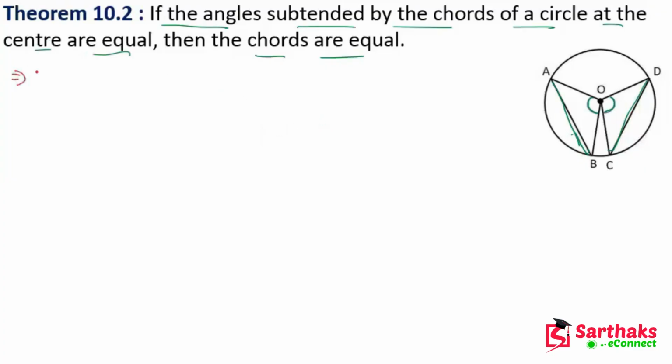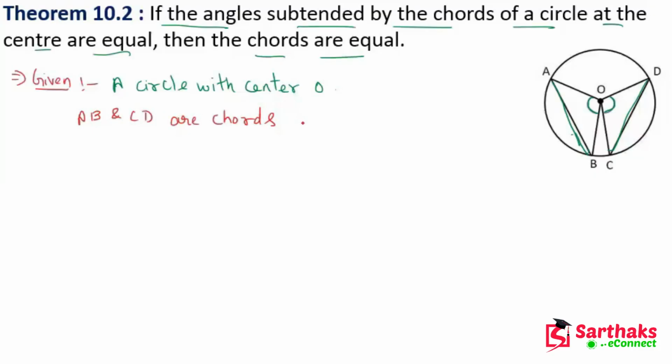First of all we have to write the given part. We have a circle with center O, and AB and CD are chords that subtend equal angles, meaning they form equal angles at the center.